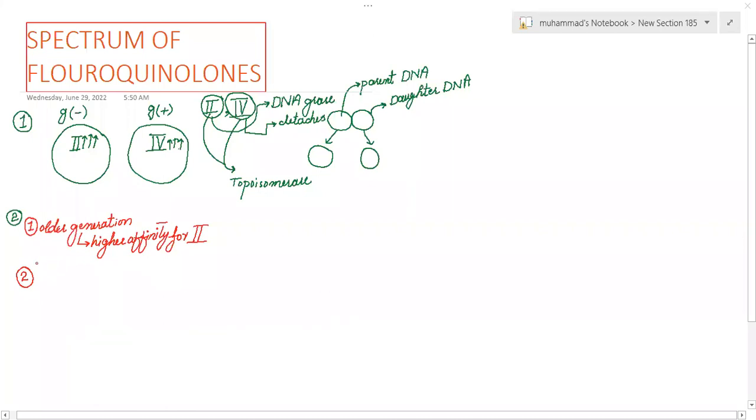And if we talk about the newer generation, means third generation and fourth generation, they have higher affinity for topoisomerase 4.